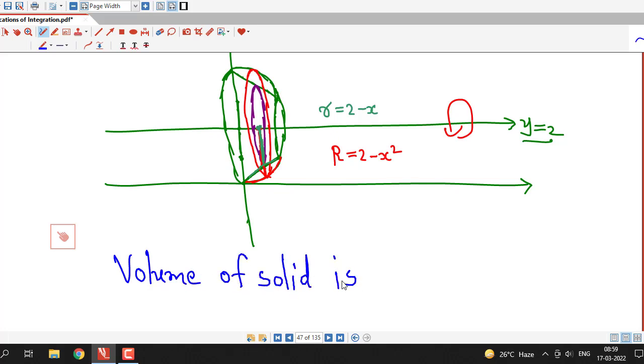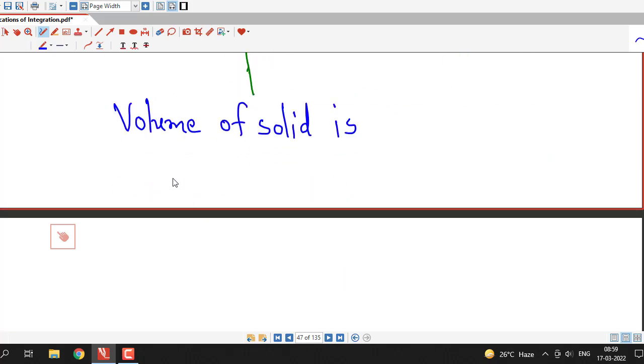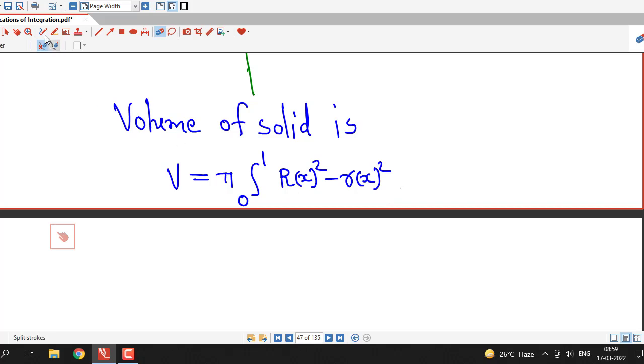Volume of solid is V equal to pi times integral from x equal to 0 to 1 of outer radius square, that is R of x, minus inner radius square, integral with respect to x.